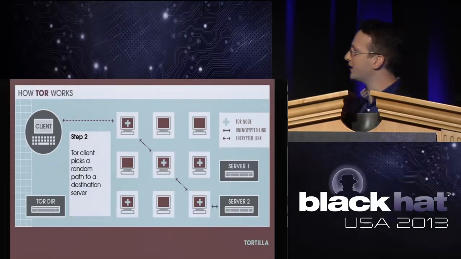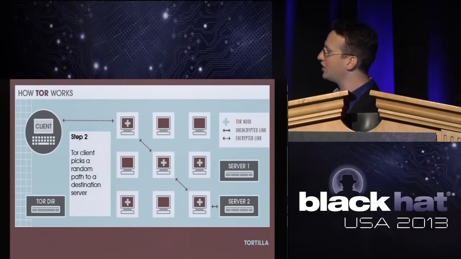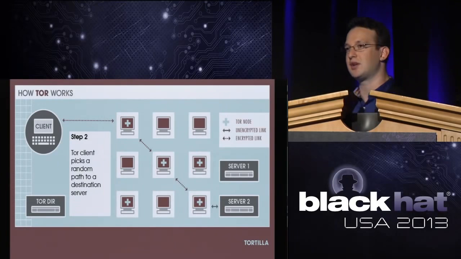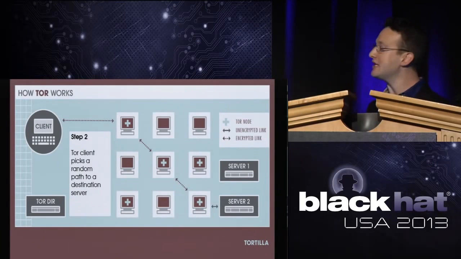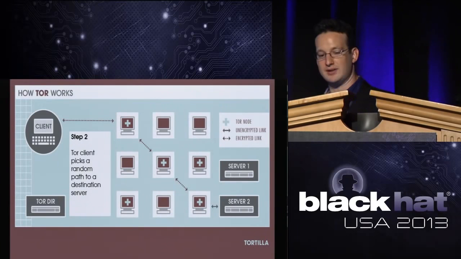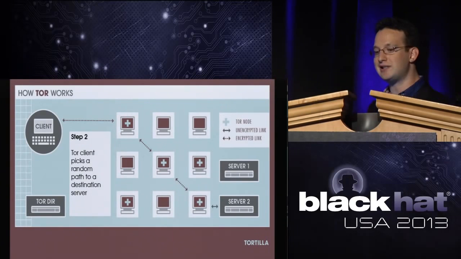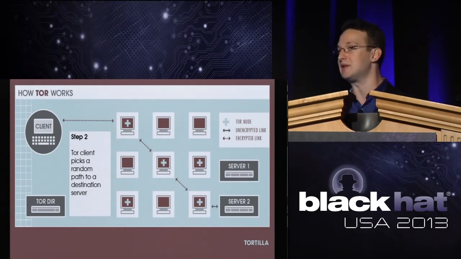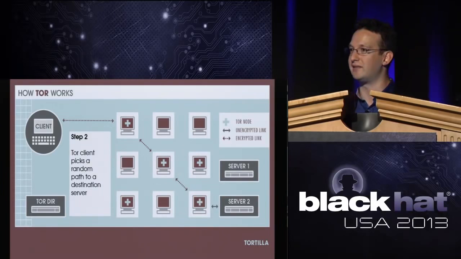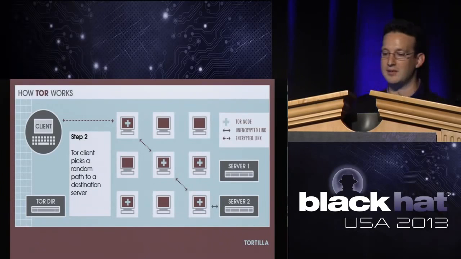Now, all the traffic up until the communication between the Tor exit node and the final server is all encrypted. It's only decrypted at the endpoint. And secondly, the server only sees the IP address of that final Tor exit node. It does not see the IP address of the client itself, thereby providing for anonymity.